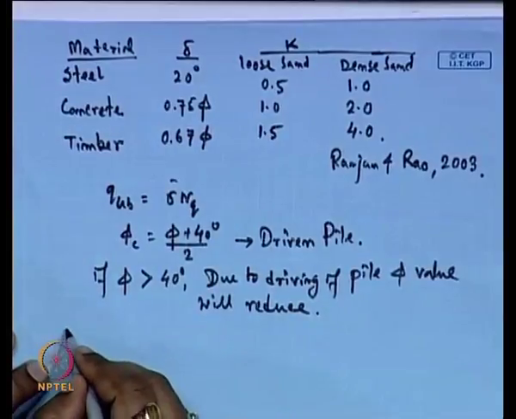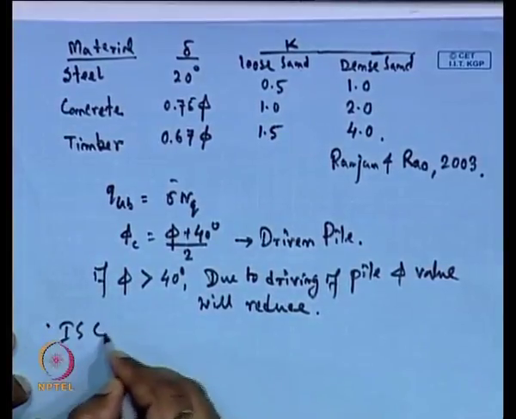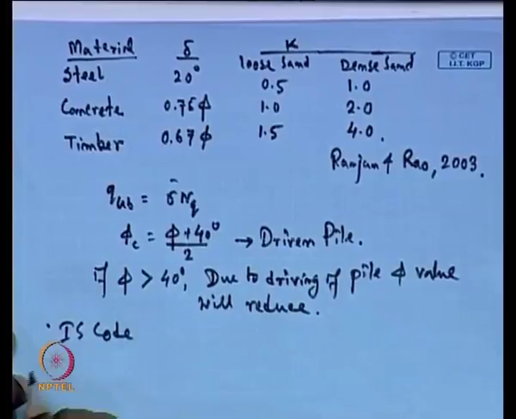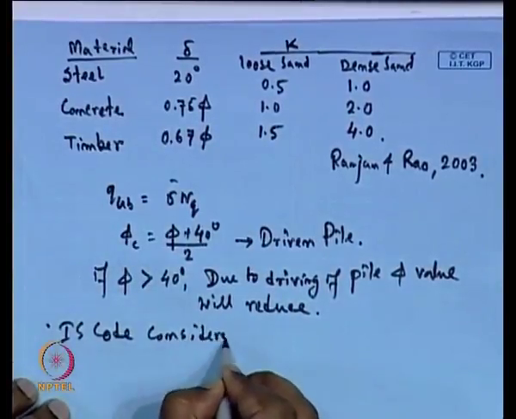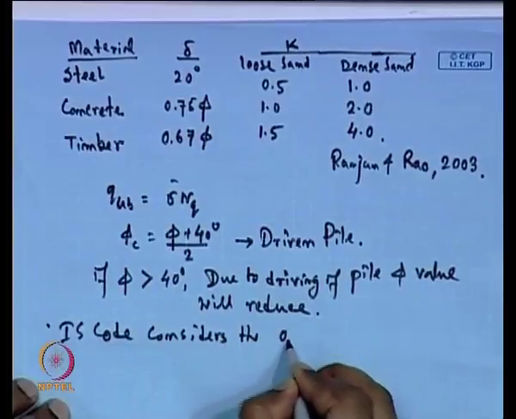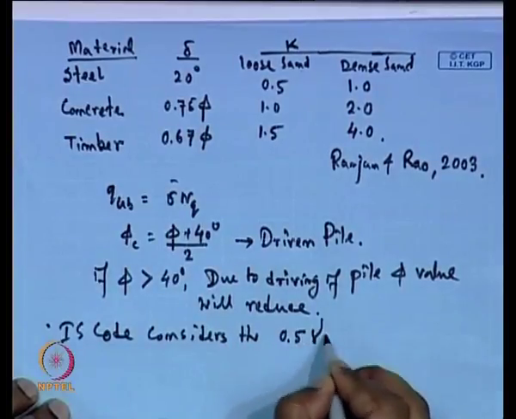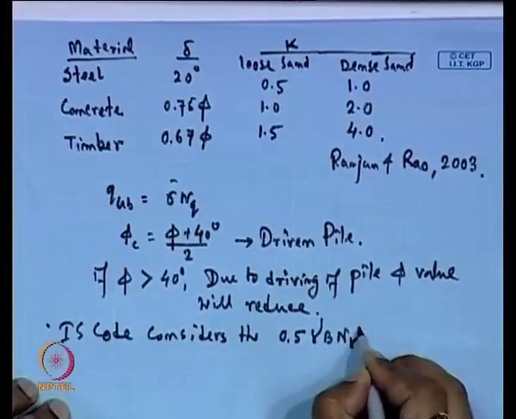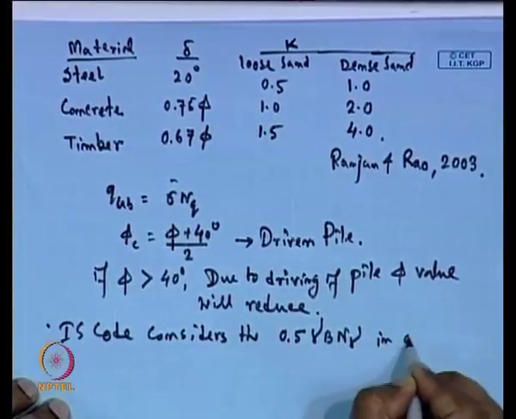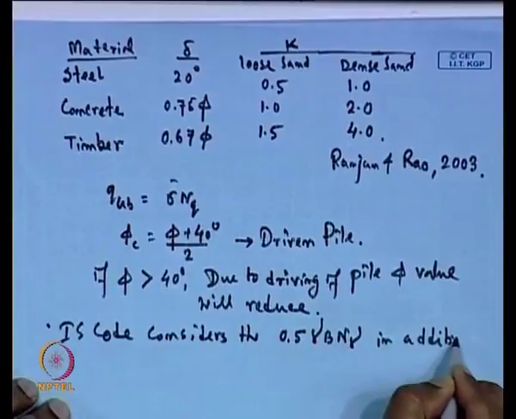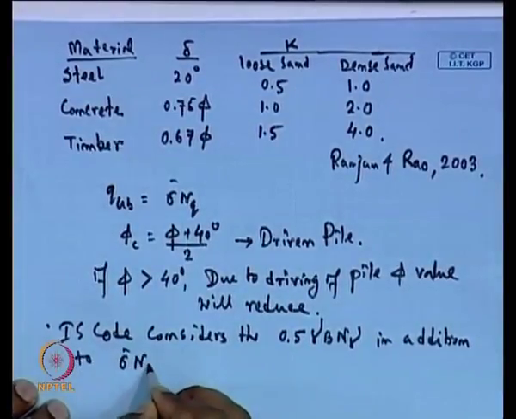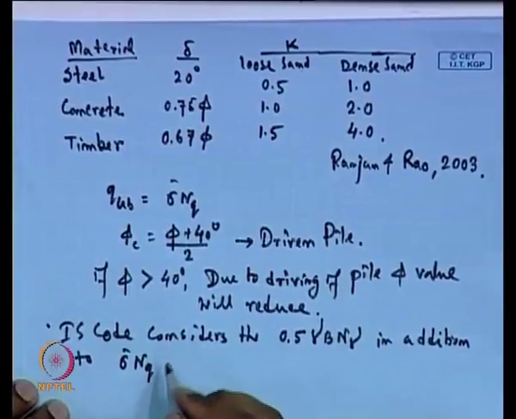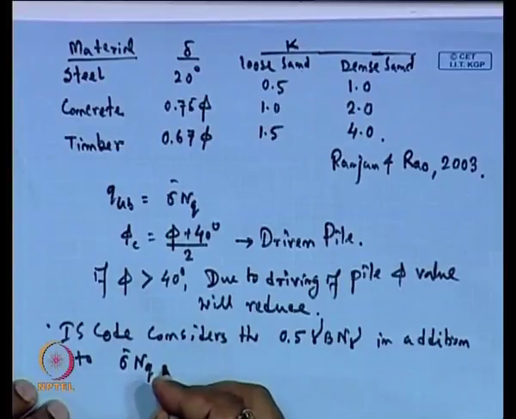IS code recommends that we consider 0.5 gamma B N gamma in addition to sigma V Nq.